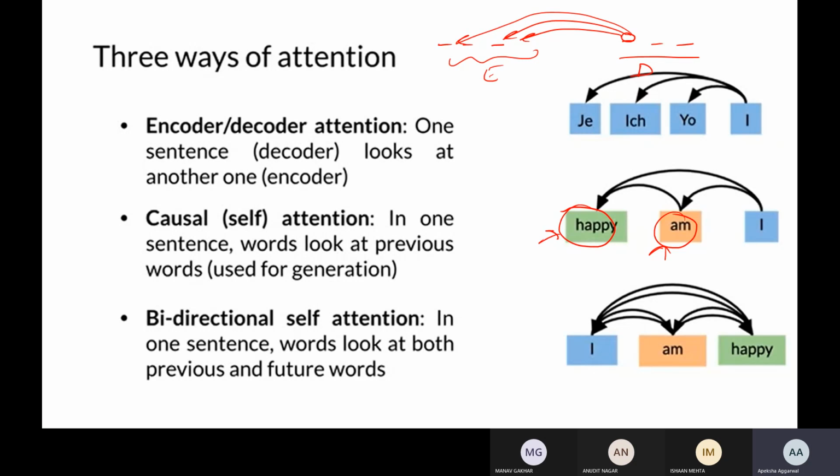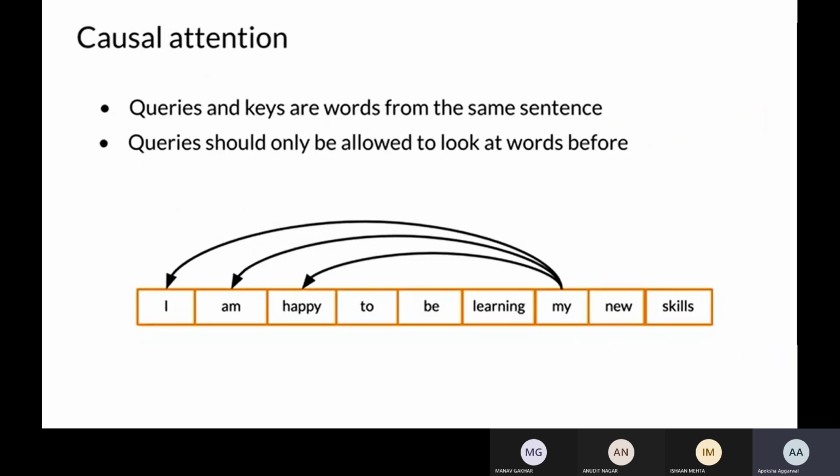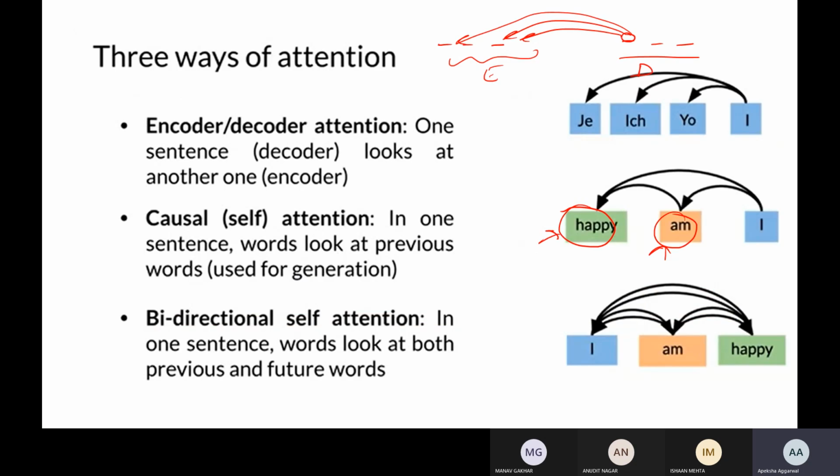So that is self-attention. Bidirectional attention we have seen in BERT and XLNet, where some words are masked out and we predict those words. Simultaneously, we look into both directions, previous words and future words, and that is called bidirectional self-attention. So that is three ways. Then we have also studied multi-head attention, where we look into multiple heads in a transformer.